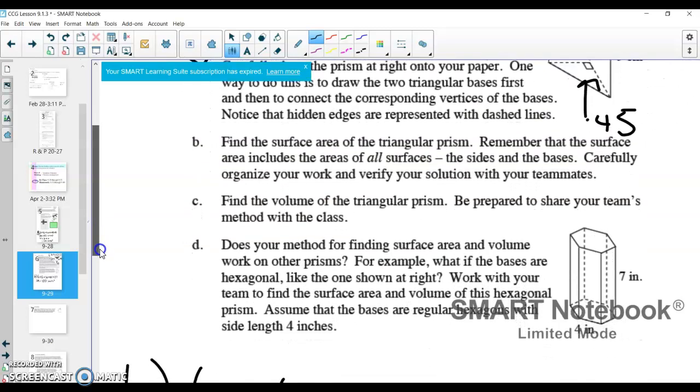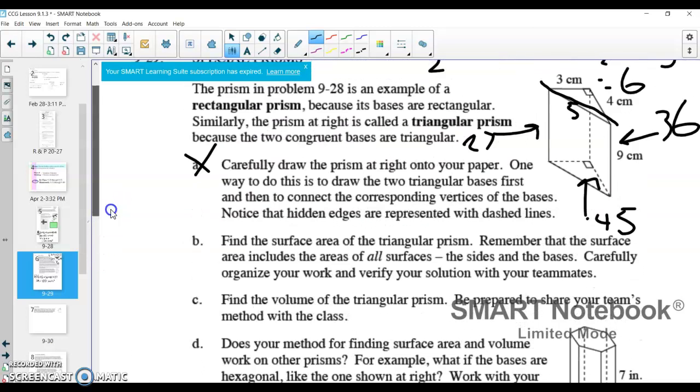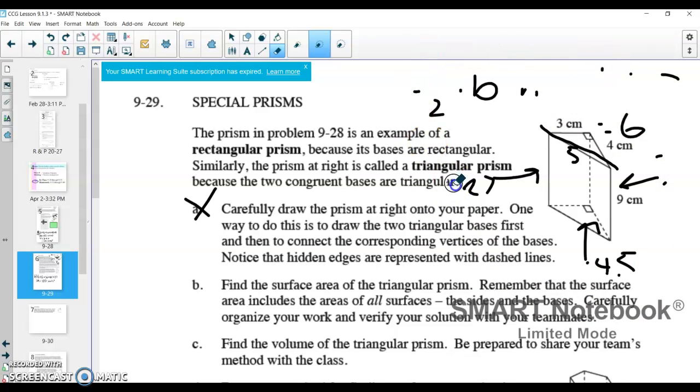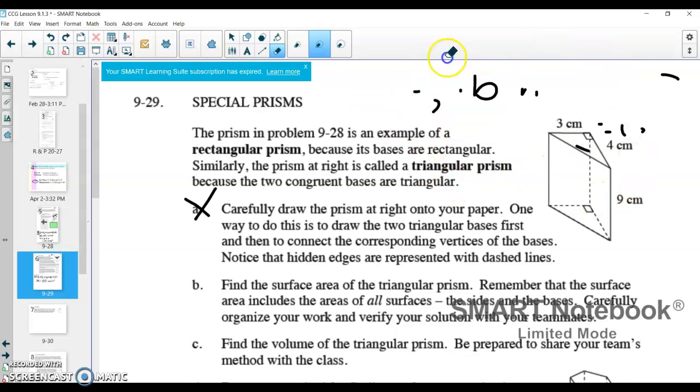All right. The next thing we need to do is find the volume of this shape. Like I said, it's a good recap of what we were doing in the first problem and what we were doing yesterday. We have to find the area of the base, and we have to multiply it by the height.